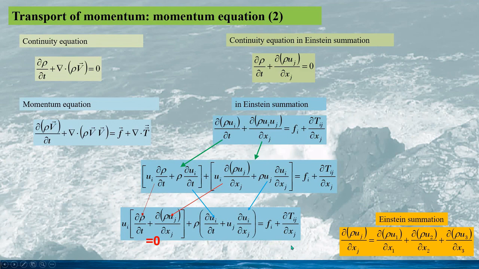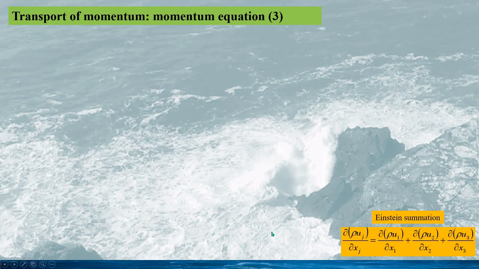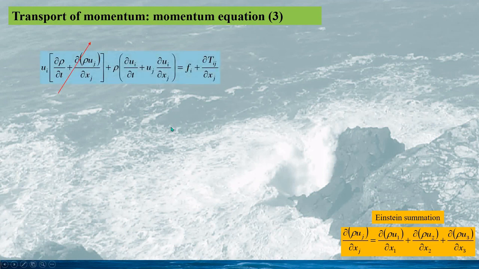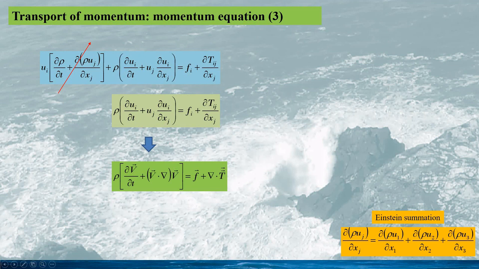So it is 0. So dropping the first term on the left hand side, we can have this equation. If we write this momentum equation back into the vector form, we can have the equation as this.